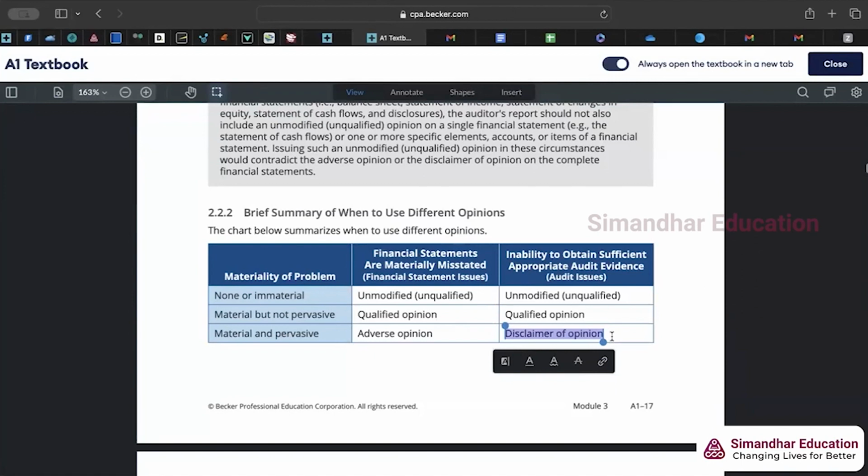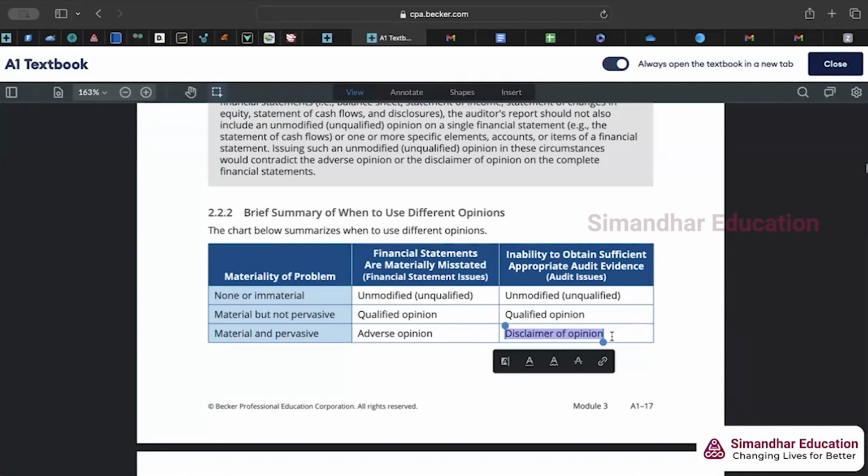There is a very good guidance in India for this kind of reporting. I'm not sure if it's still applicable. This was way back in 2017, 2018. So this was a very interesting one, which turned out to be a disclaimer at the end of the day, because you're just saying that you're not able to do anything on the financial statements.